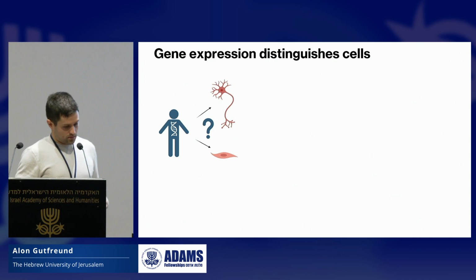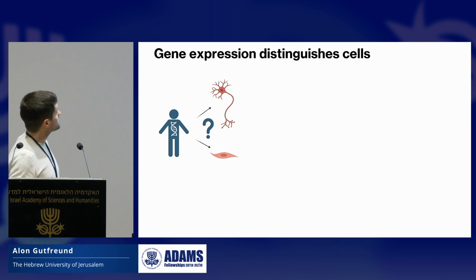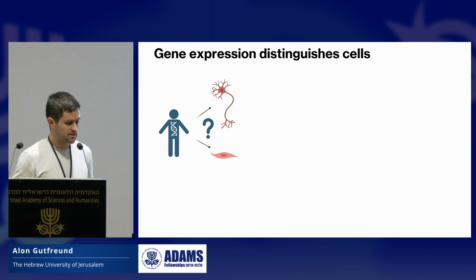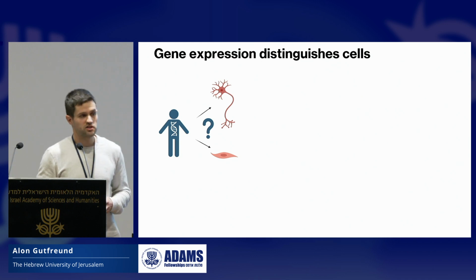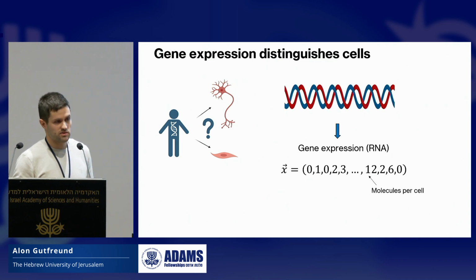And okay, so to understand how we formulate cells mathematically, first we have to think of what defines a cell. For example, you can think of what distinguishes this neuron from this muscle cell, even though they share exactly the same DNA. And the answer is gene expression.